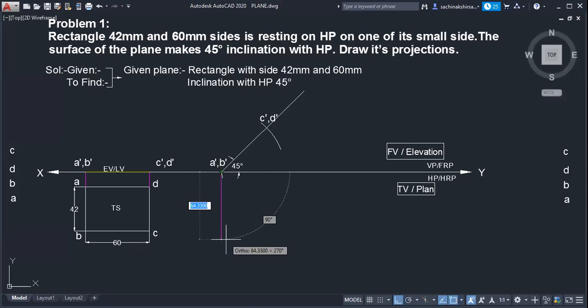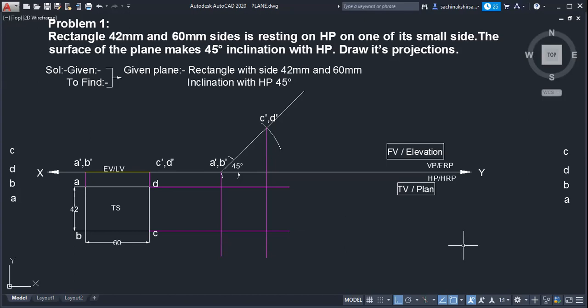Similarly, vertically downward and this horizontal also you have to draw projection. Likewise, in this way, you have to draw projections.